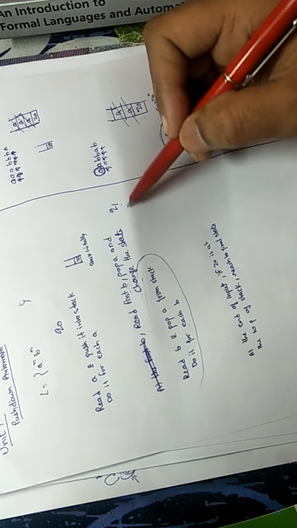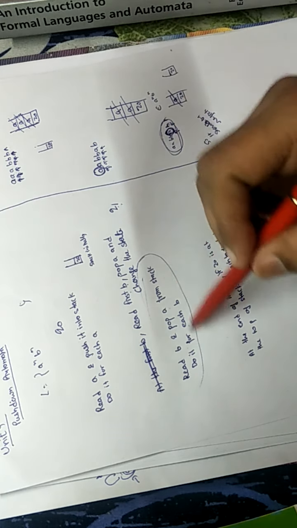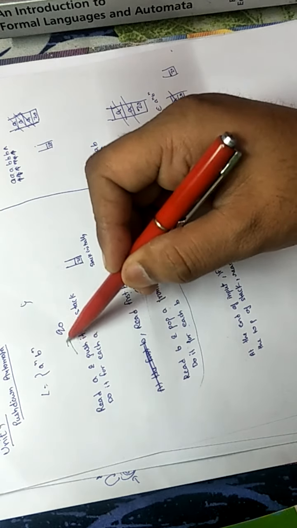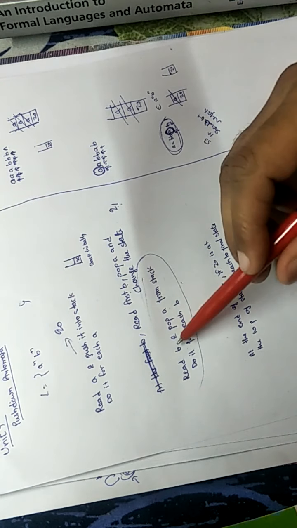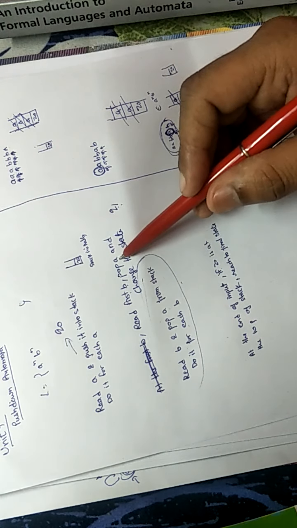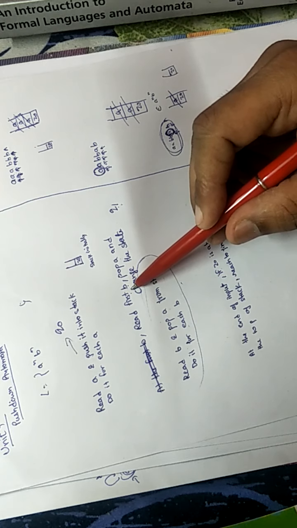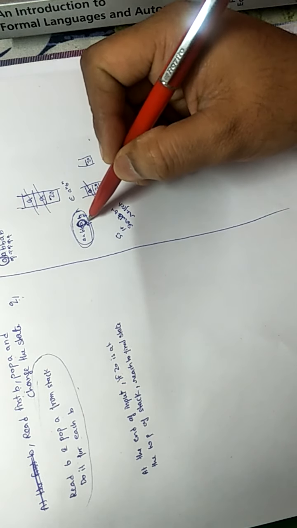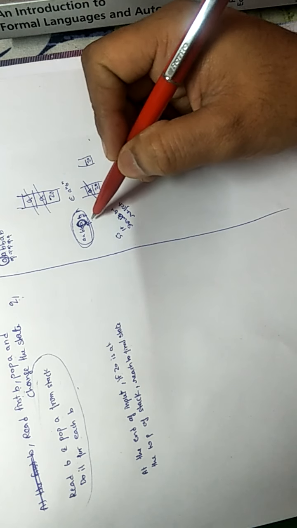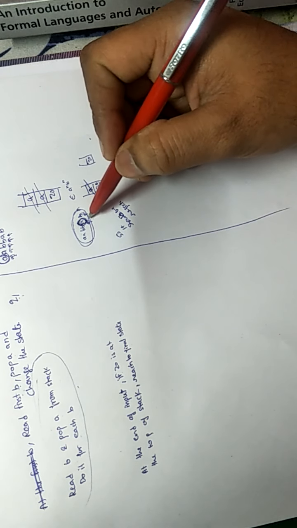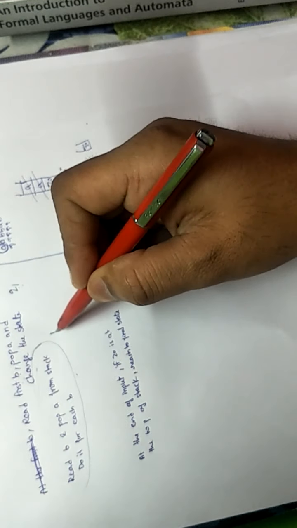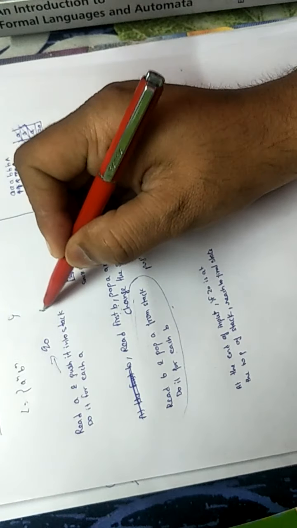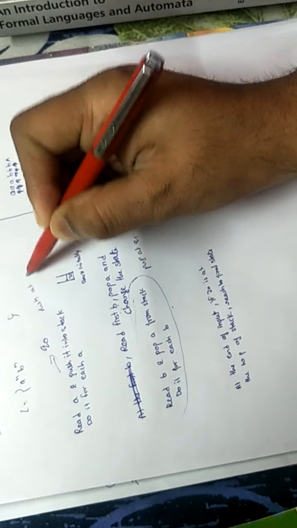Now at Q1 we have no transition for reading A. Where are we reading A? At Q0 only. At Q1 we are popping A for every B. We are not doing a push operation at Q1, only pop operations. We do the push operation at Q0.